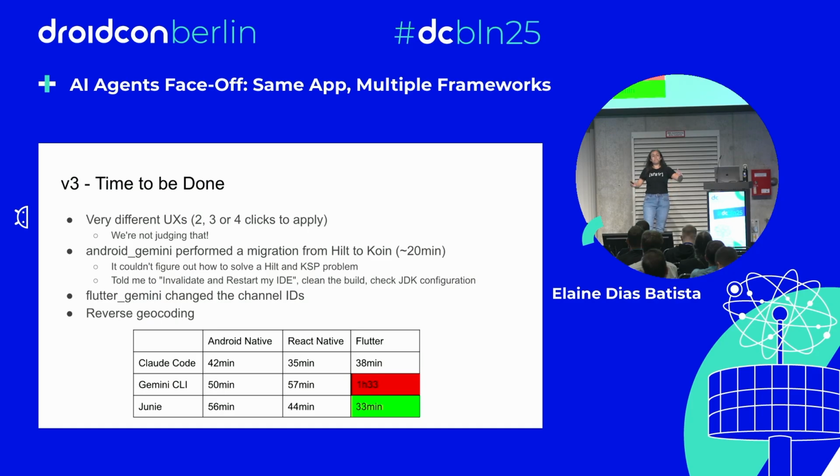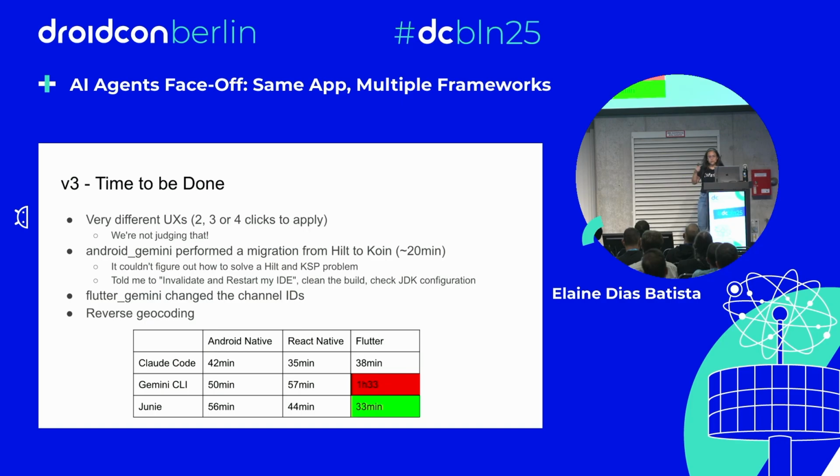And Gemini said, oh, great idea. I have this possibility too. I can implement Hilt, but this means I have to migrate from, sorry, I need to migrate from Hilt to Koin. This is a serious migration and so on. Are you sure you want me to proceed? And I said, yes. And it took 20 minutes. It failed a lot of builds, but at the end, it worked.